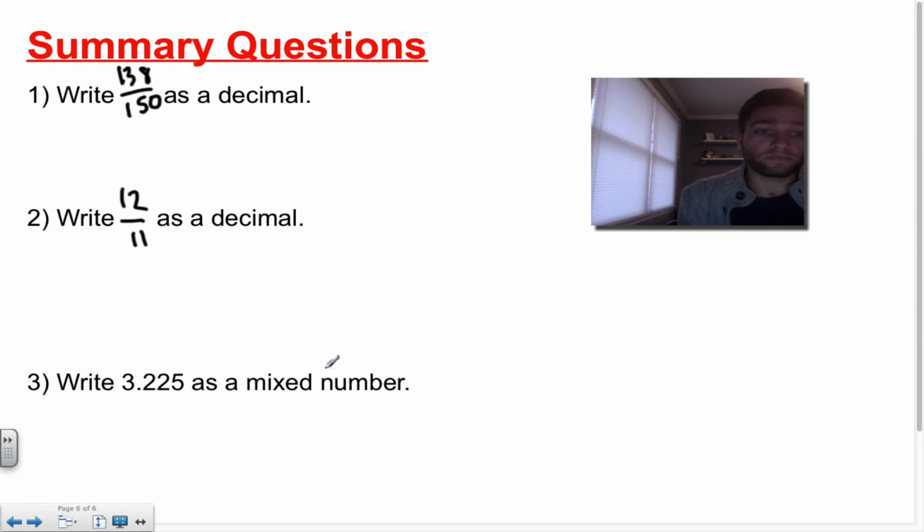For the third one, I want you to write 3.225, which I'm not going to read properly because I just want to see what you can do on your own. Write that as a mixed number in simplest form, and we'll call it a day with those 3.